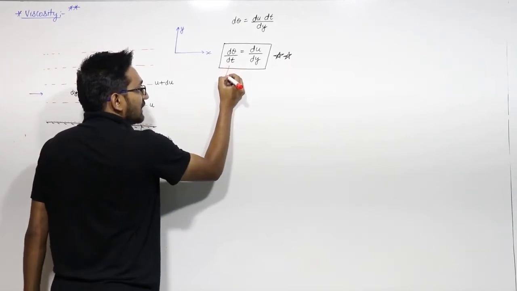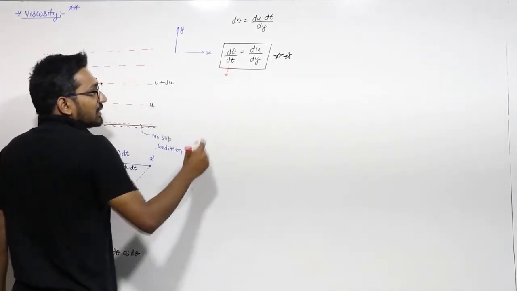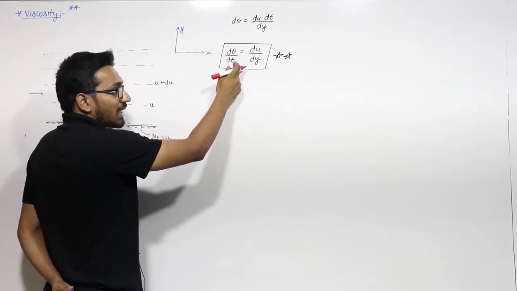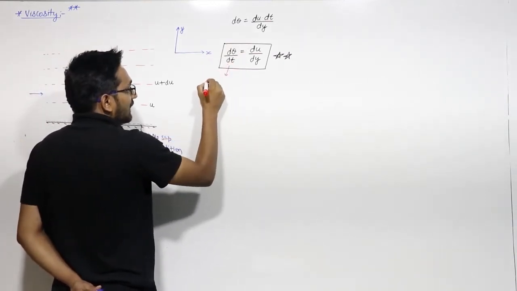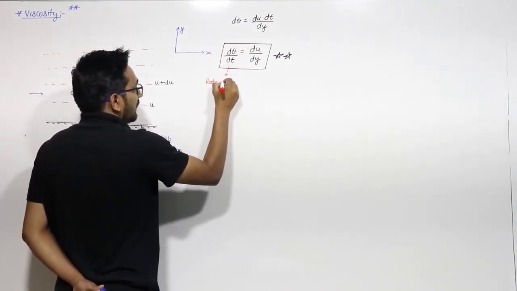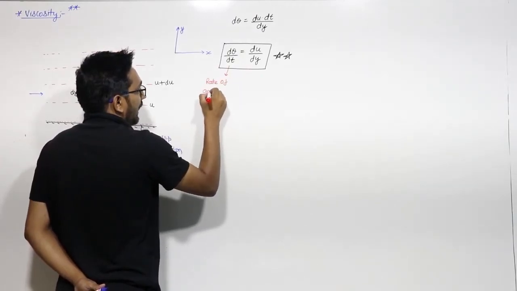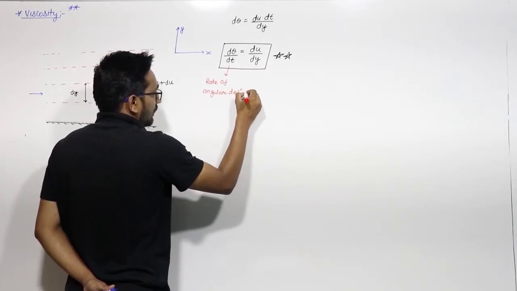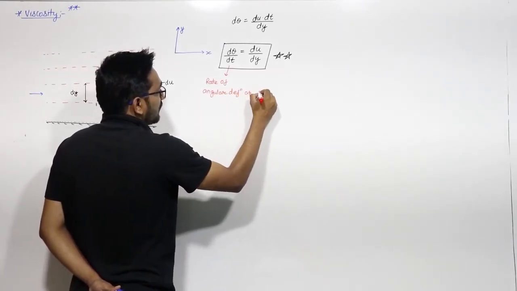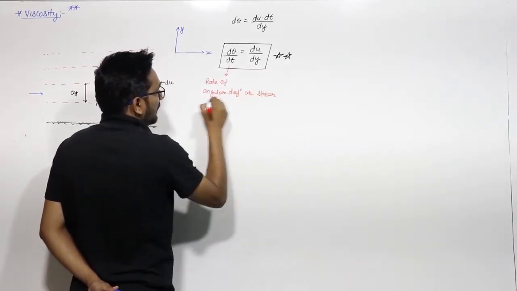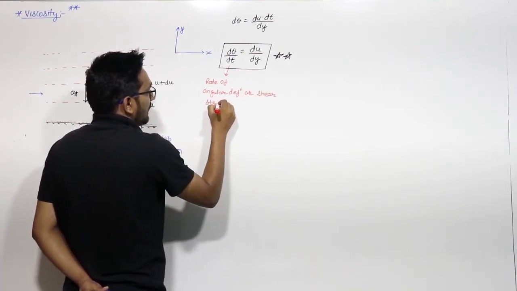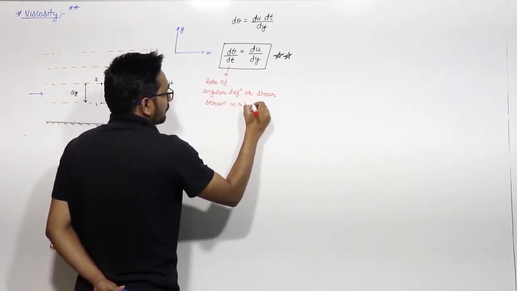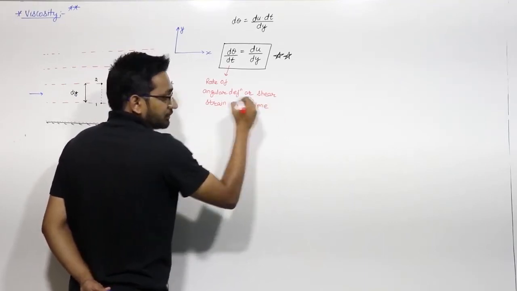What is this d theta upon dt? This is the rate of angular deformation, or shear strain, with respect to time.